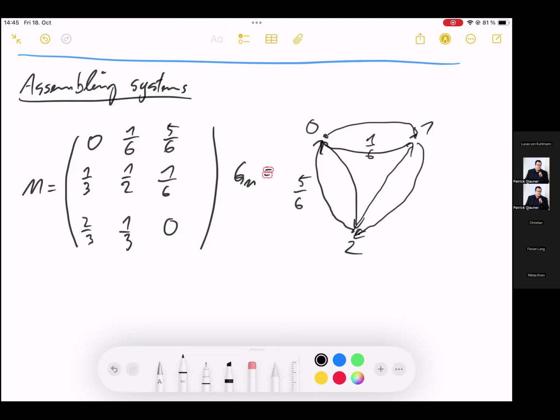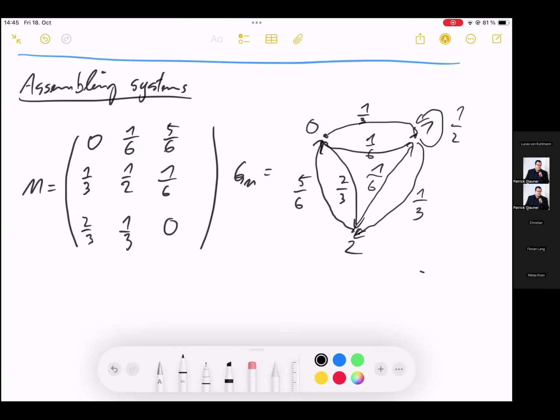Then vertex 1 has a loop, which is a half. It has an incoming one from 0, which is 1/3, and an incoming one from 2, which is 1/6. And for 2, it has an incoming one from 0, which is 2/3, and from 1, it has an incoming one, which is 1/3.